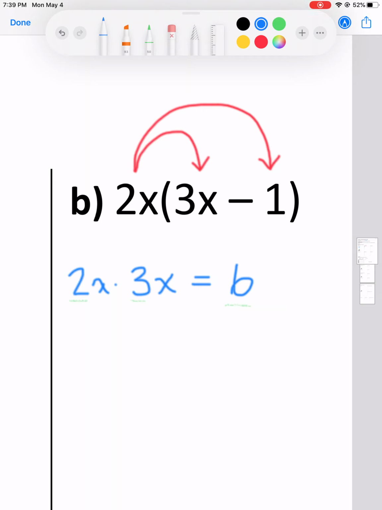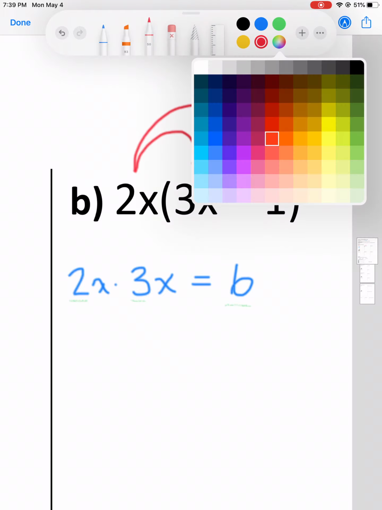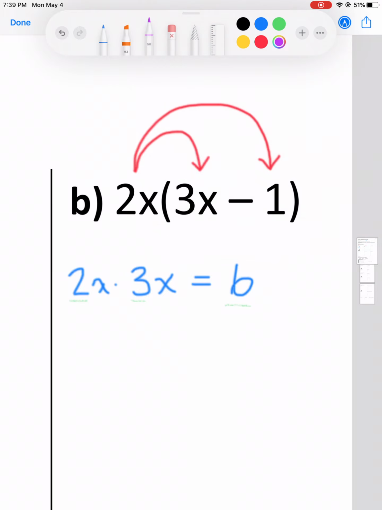Remember, if we're multiplying powers, we add the exponents. Well, what exponents? Here, let's get a purple. Remember, there's a 1 here and a 1 here. What's 1 plus 1? Well, it's 2. Okay? So it's going to be 6x squared.